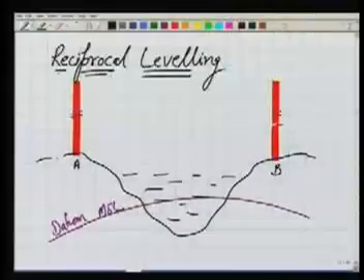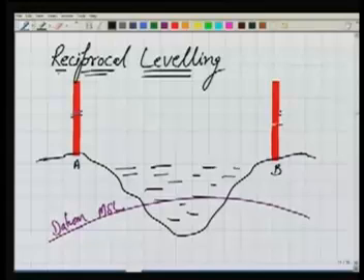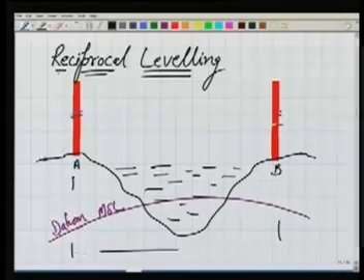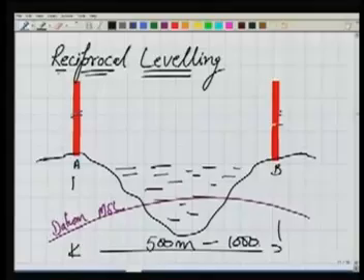Well, I will give you a case. Let us say we are in a terrain, as you can see here, and we have a big river in between. Maybe the width of the river, the distance between these two points, is 500 meters, or maybe 1 kilometer. These two points A and B are very far apart, 200, 300, 400, whatever.